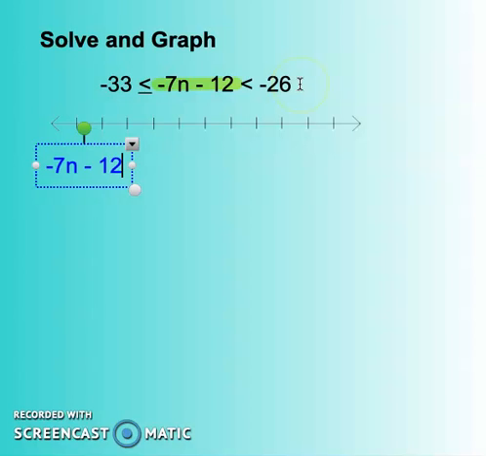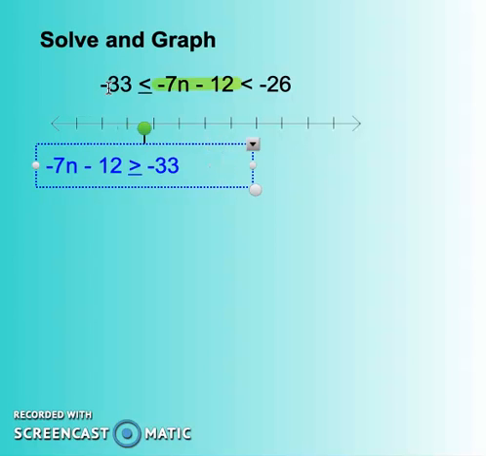So it goes -33. And do you notice that the mouth is facing the -7? And then the point is facing the -33. So that means I need to keep it that way. I need to keep it as the mouth faces the center part, and then the point faces the -33.